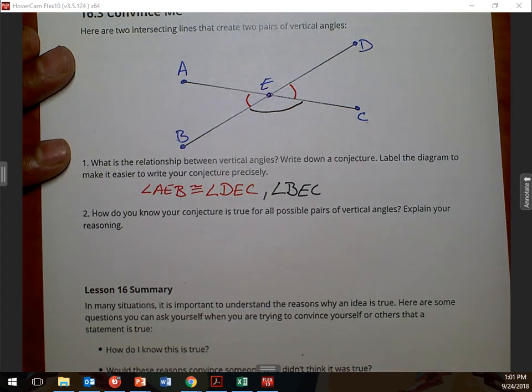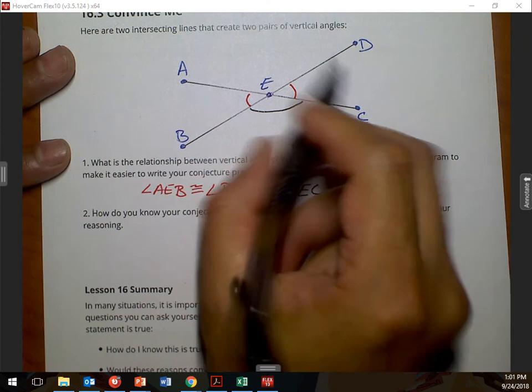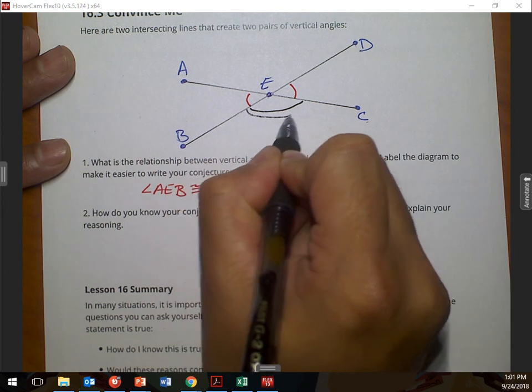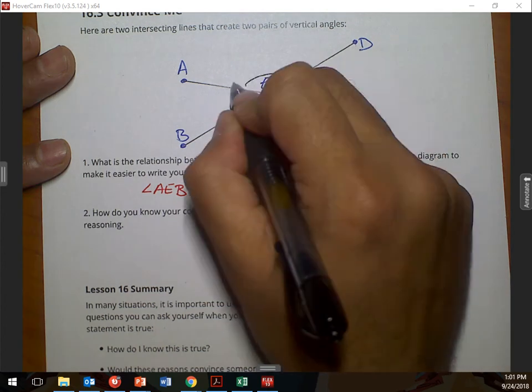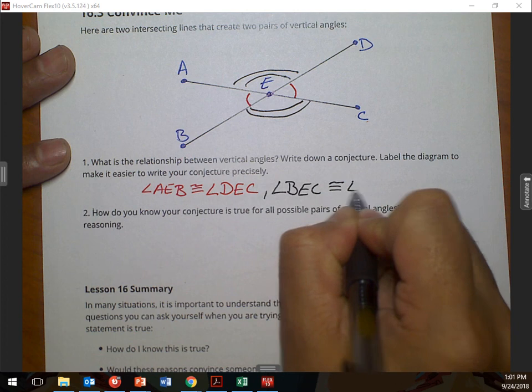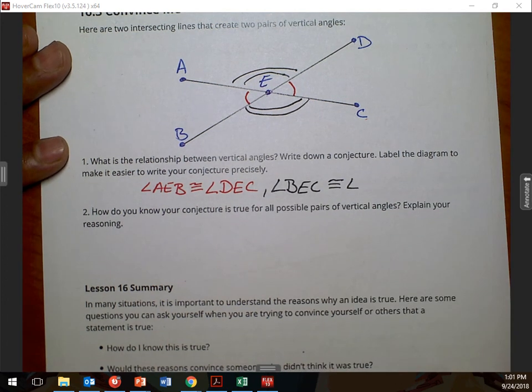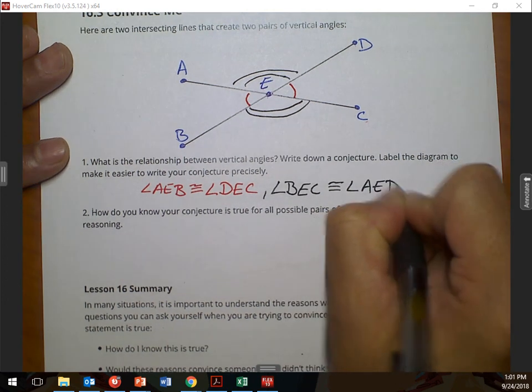No, because one mark means it's the same. So I have to put 2 marks. There we go. 2 marks here, right? So that one's going to be congruent to the top one, right? So I will double that one there. So it's going to be congruent to angle AED.